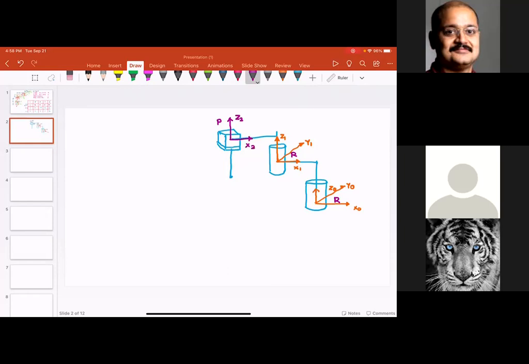Yeah, it has to be aligned, but it doesn't have to be in the same direction.